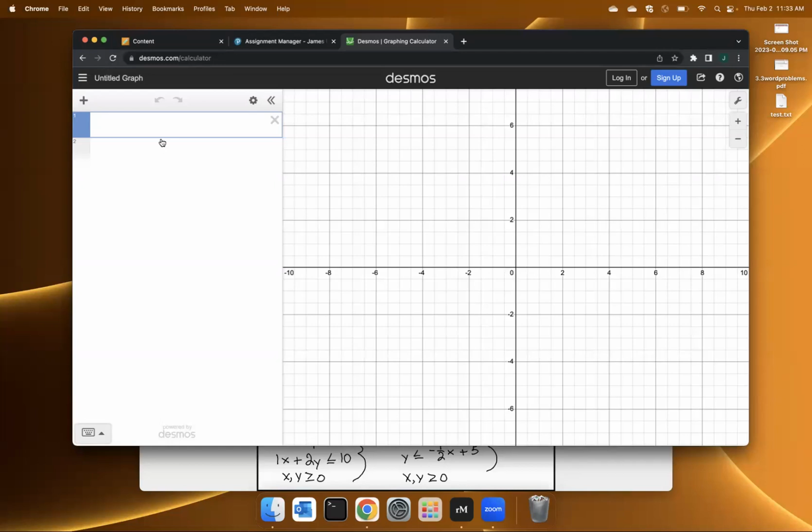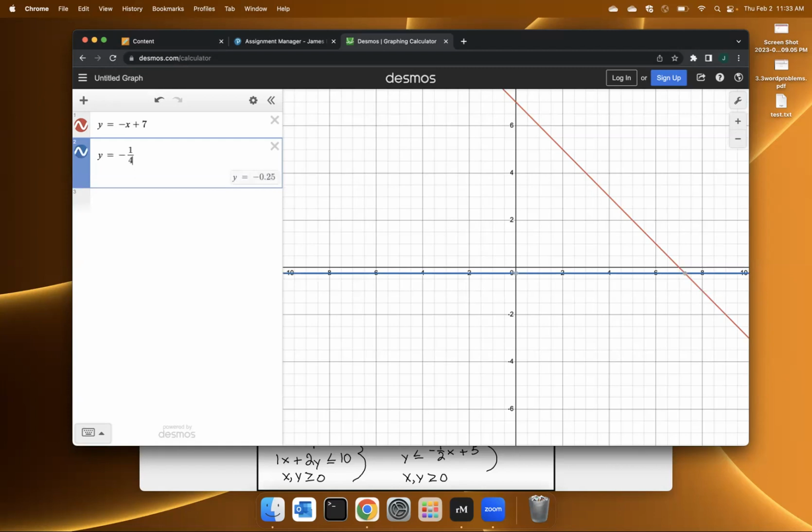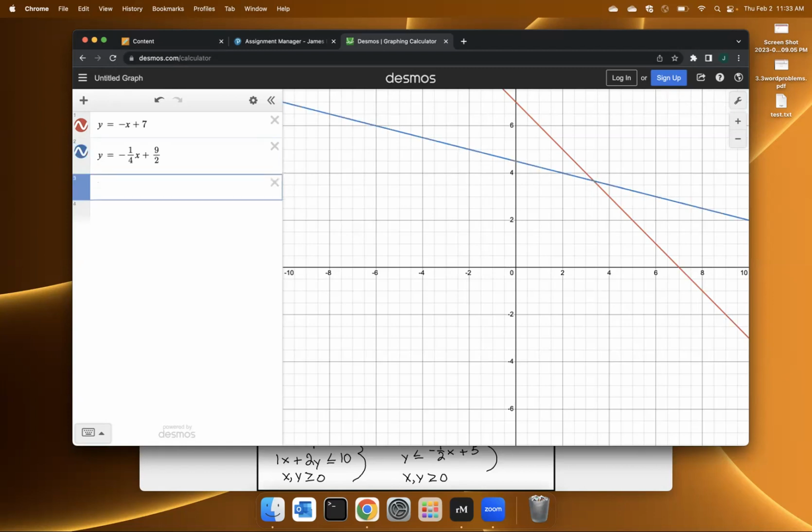So we've got y, and I'm just going to use an equal sign, not the inequality, because all the shading just gets to be too confusing. And I would suggest the same thing on your calculator. If you try to use all the inequalities, it's going to get really complicated really fast. You won't even be able to see the lines.